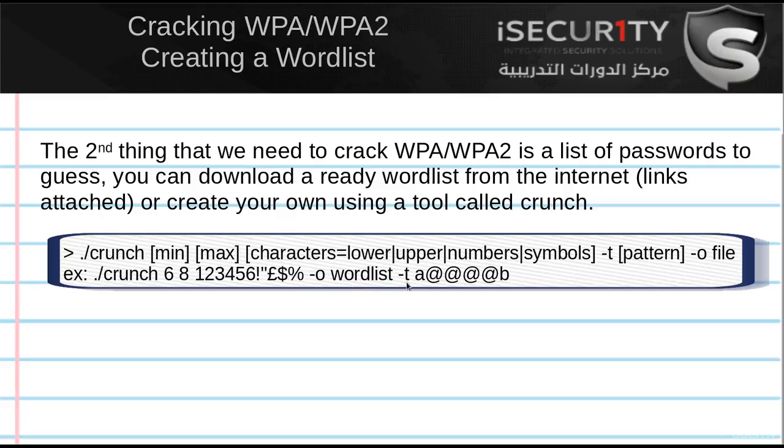And the pattern is this: the passwords that are going to be created are always going to start with an A and always going to end with B. So all the passwords that you're going to see in the file are going to always start with A and end with B, and they'll have all the possible combinations of the characters you specified here between the A and the B.